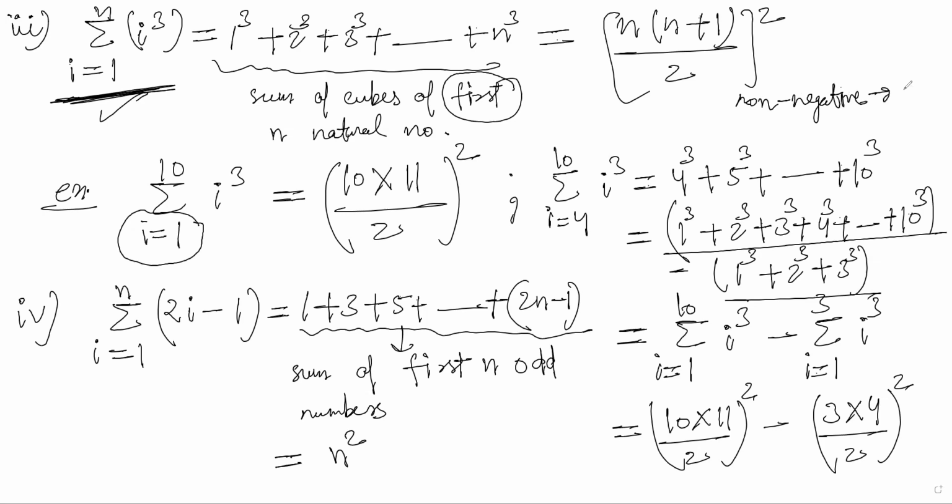So it includes 0. So there is a difference between non-negative and positive. Positive starts after 0, while non-negative starts including 0, and negative starts below 0.